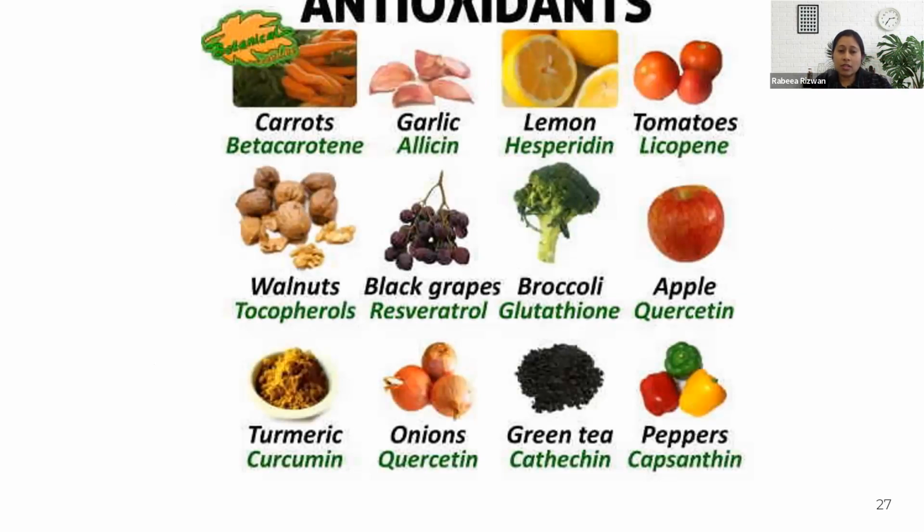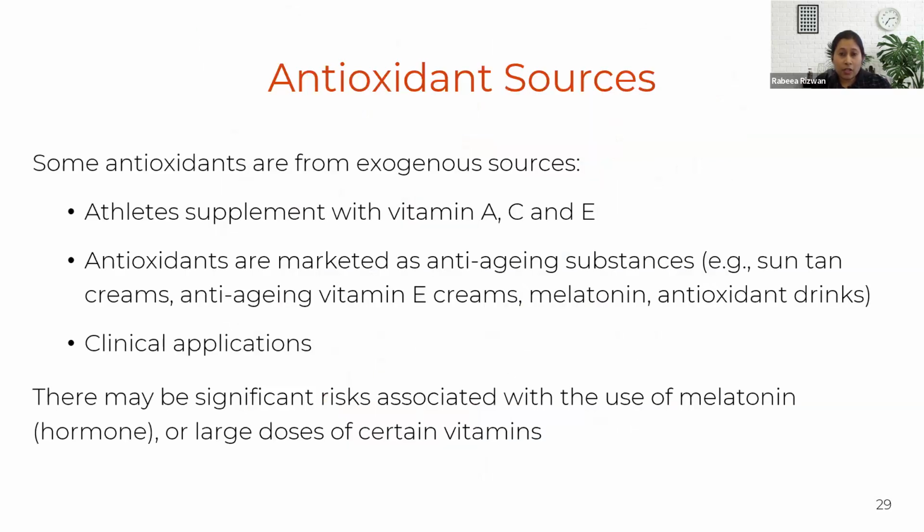Carrot also contains vitamin A and flavonoids. It is also an antioxidant. Vitamin A's chemical name is retinol. So these are the examples. Other examples are pepper, green tea, and turmeric. They are very powerful antioxidants.